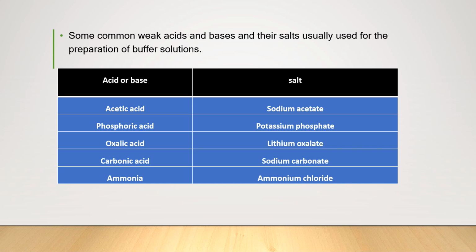For oxalic acid, we use lithium oxalate as a salt. For carbonic acid, we use sodium carbonate as its salt. And last, for ammonia, we use ammonium chloride as its salt. These are some examples of the acids and bases used to prepare a buffer solution. Commonly, we use ammonia and acetic acid. Both are common examples.